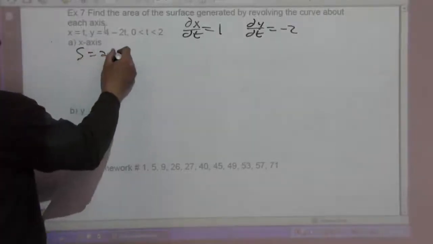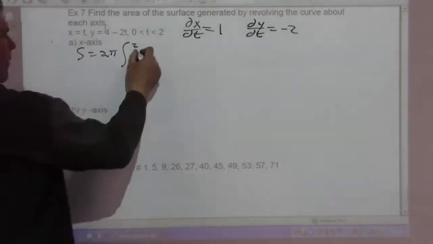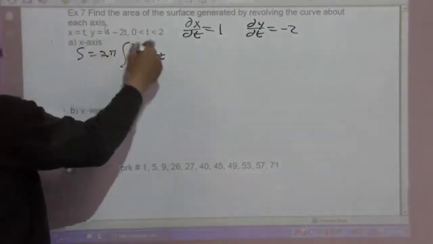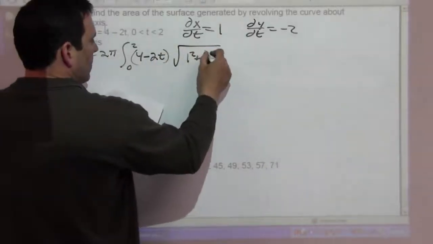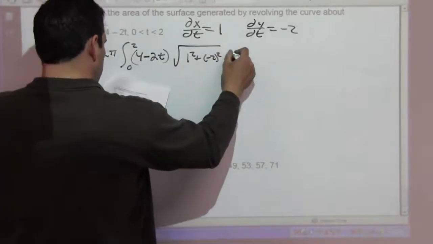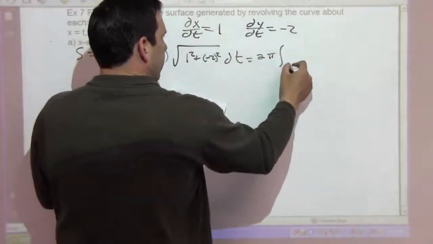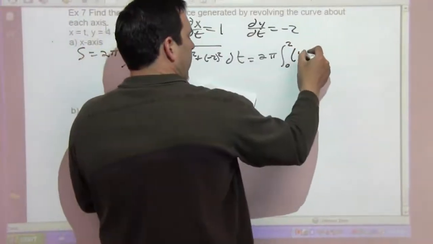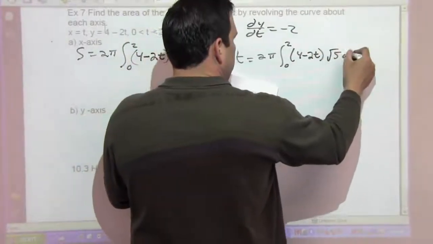This would be 2 pi times the integral from 0 to 2 of 4 minus 2t, that's our g of t, times the square root of 1 squared plus negative 2 squared dt. That's 2 pi times the integral from 0 to 2 of 4 minus 2t times the square root of 5 dt.